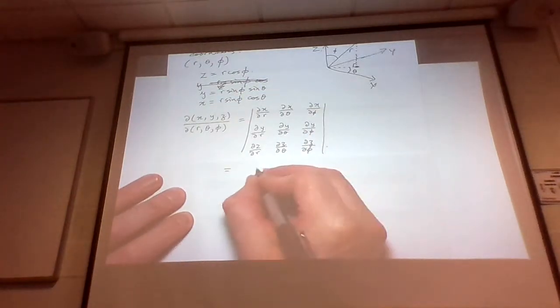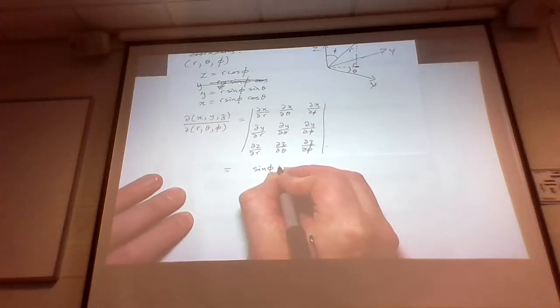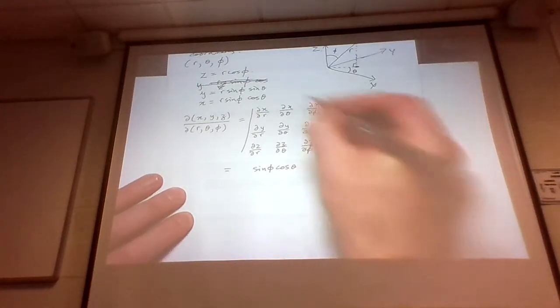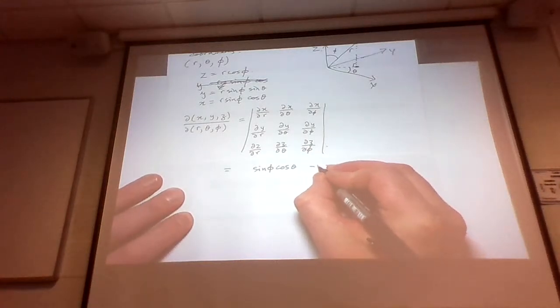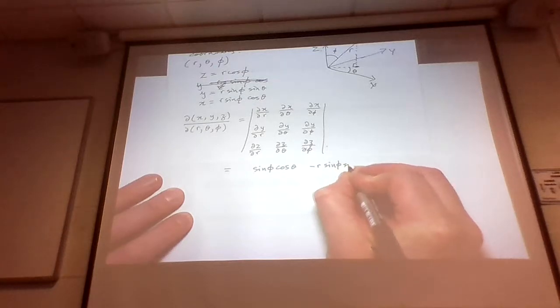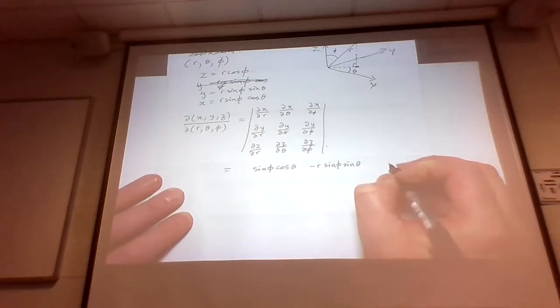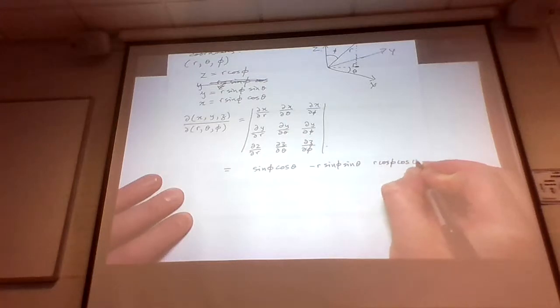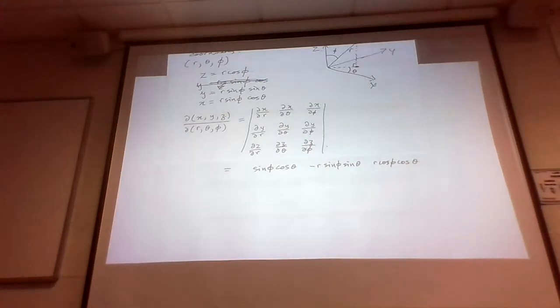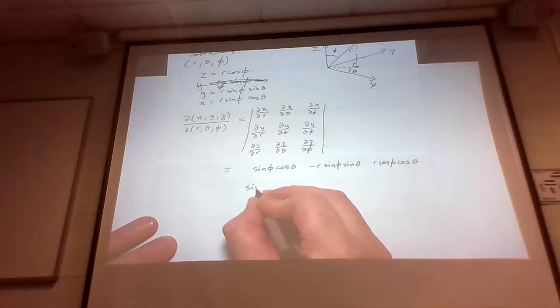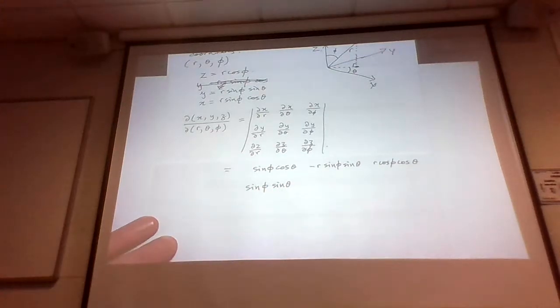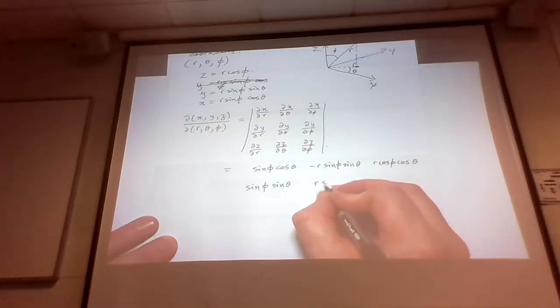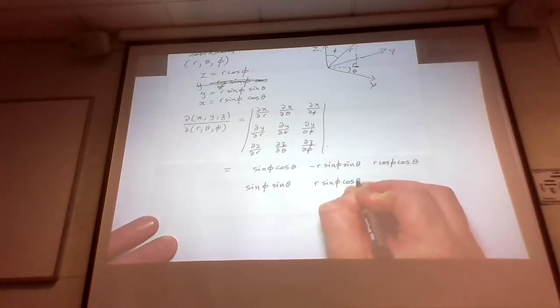So dx dr is sine phi cosine theta. dx d theta is minus r sine phi sine theta. dx d phi is r cosine phi cosine theta. dy dr is sine phi sine theta. dy d theta is r sine phi cosine theta.